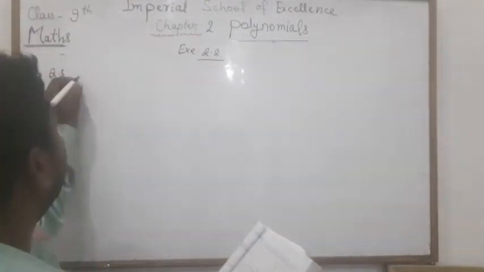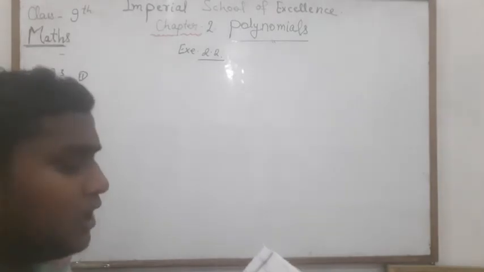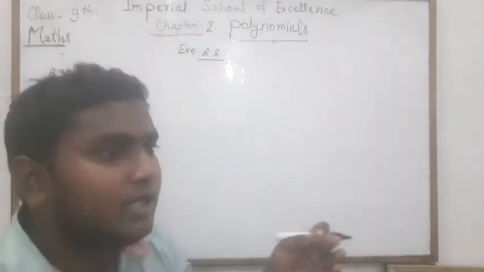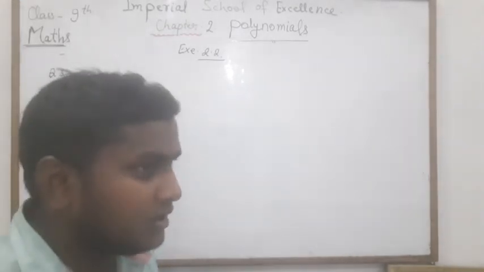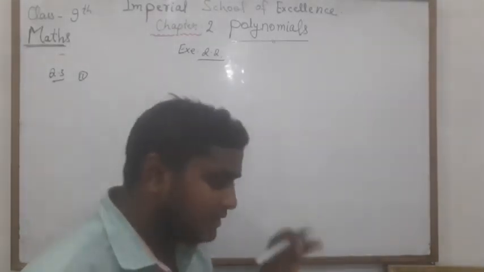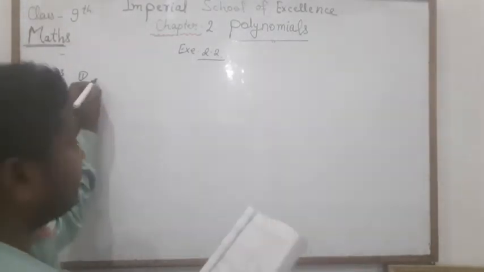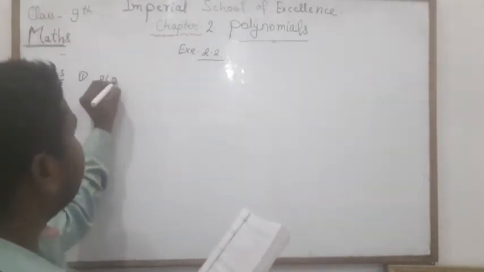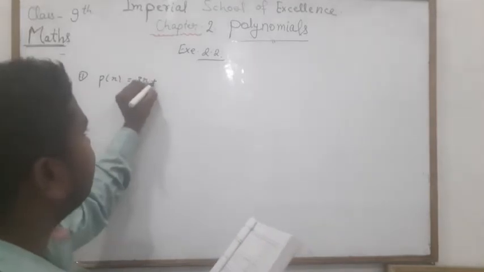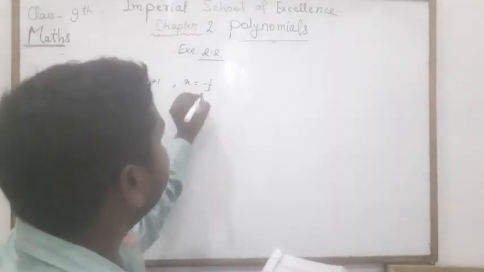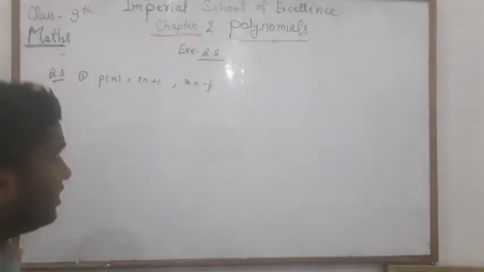See this question number 1. यहाँ क्वेश्चन में बोला गया है कि एक polynomial दिया है और उसके सामने एक x की value दी हुई है. You have to find that this given value is the zero of polynomial or not. So let's see this question number 1. Polynomial p(x) is there 3x plus 1. Okay, and x equal to minus 1 by 3. Okay, let's see.